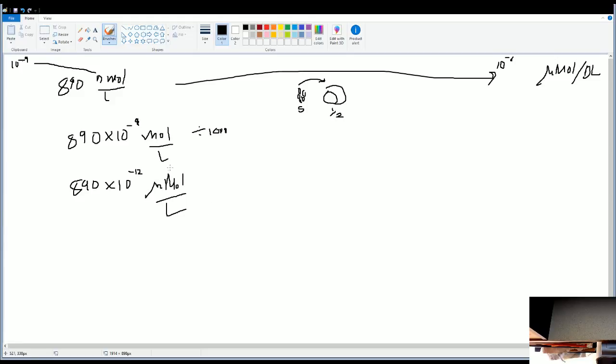So now you want to go from liters to deciliters, and there are 10 deciliters in a liter.